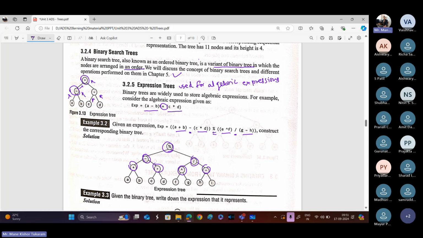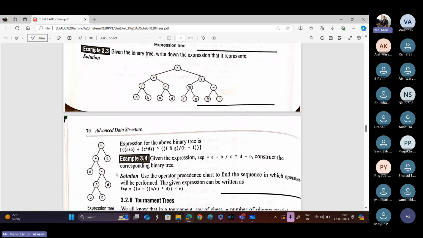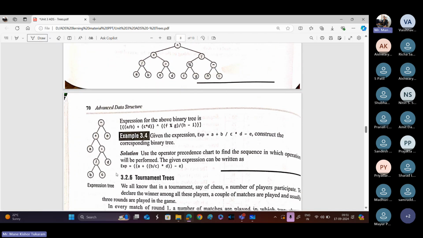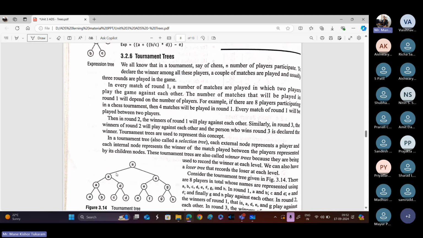So in this way, we can use the expression tree to represent mathematical equations. There are a few more examples given over here related to the expression tree. Then next one, that is tournament tree.